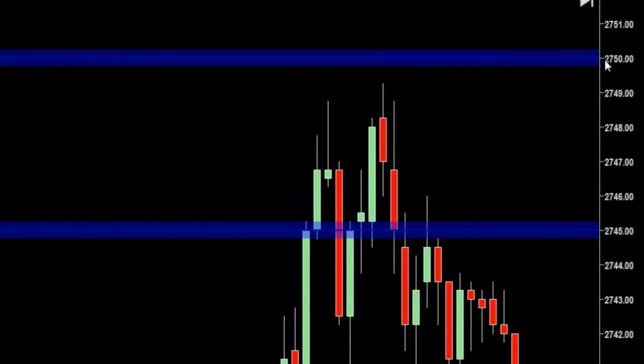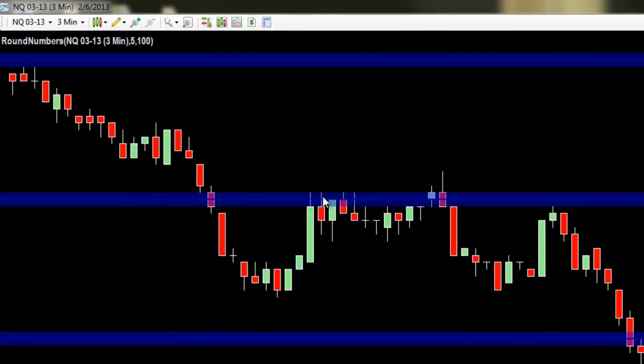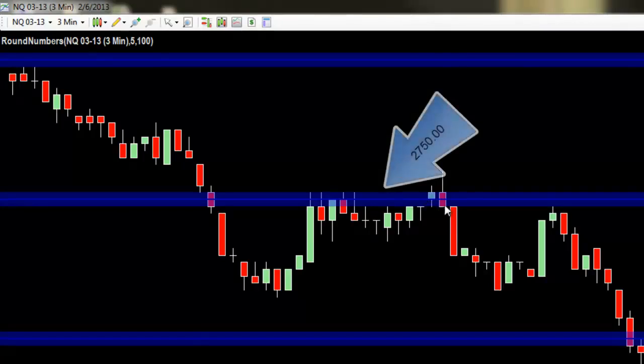Here we can see this even number of 2750. We can see where price has actually broken through, yet it pulls back, and you can see that the even number acts as resistance in letting price travel higher. So we can see here where we get some consolidation right at the 2750.